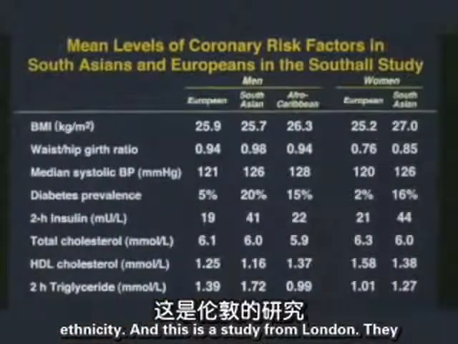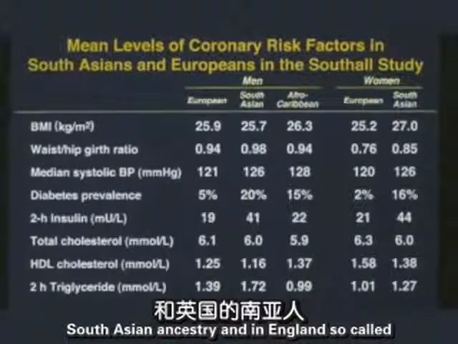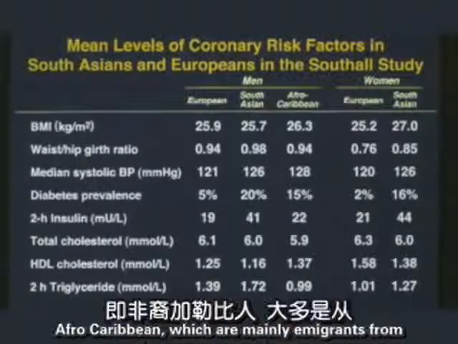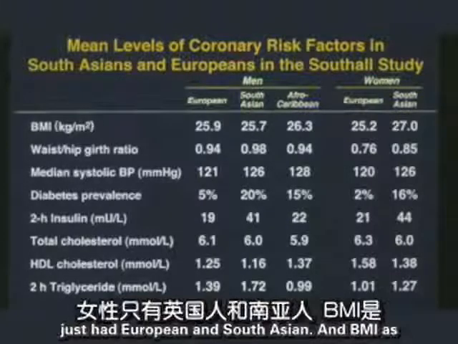And this is a study from London. They're looking at individuals of European ancestry, South Asian ancestry, and in England, so-called Afro-Caribbean, which are mainly immigrants from Jamaica, etc. And over here, that's men and women. And women just had European and South Asian.